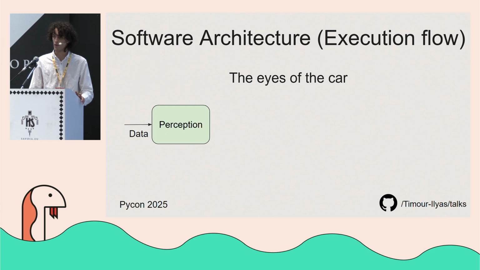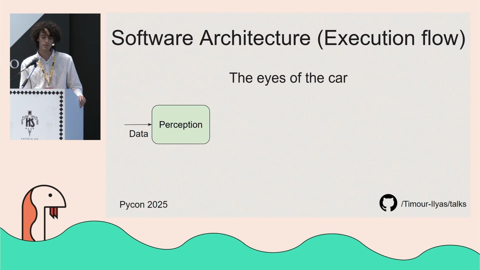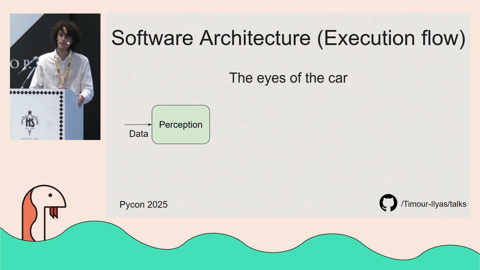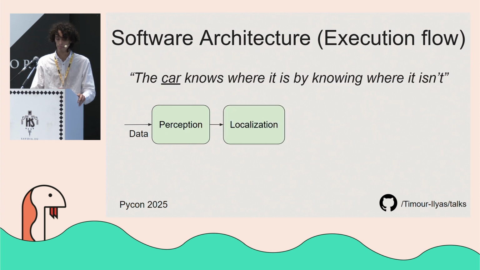From the beginning, we have the perception module, where simply we have to take the data from the external world and process the data into information about what there is in the external world.